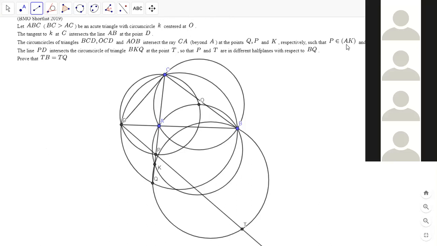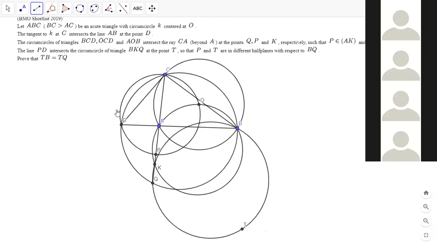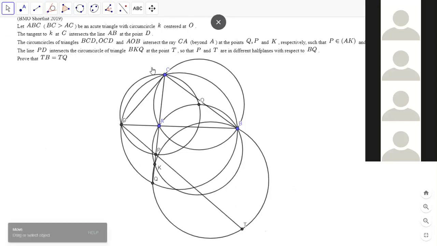Let's see, what is the use of point K? Because we need to see where the line PD intersects the circumcircle of BKQ at point T. Oh, okay. I drew it wrong. Yeah, this is a really interesting diagram. Circles all over the place. I like it though.